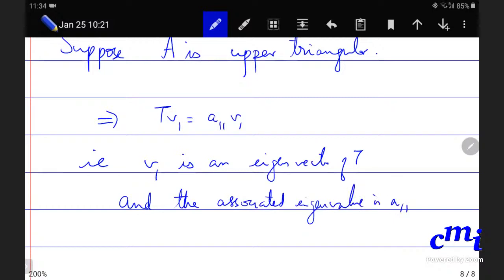So there is not much choice in choosing A11. Once we identify which eigenvector we have to use as V1, A11 is already fixed. It has to be the corresponding eigenvalue.